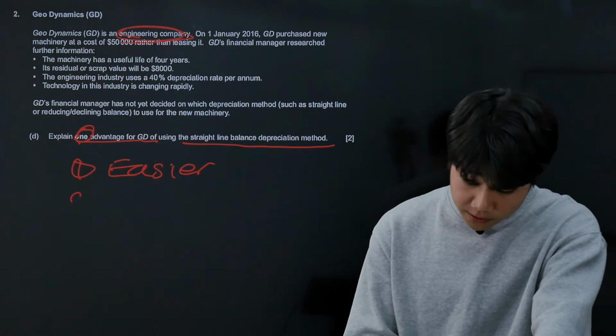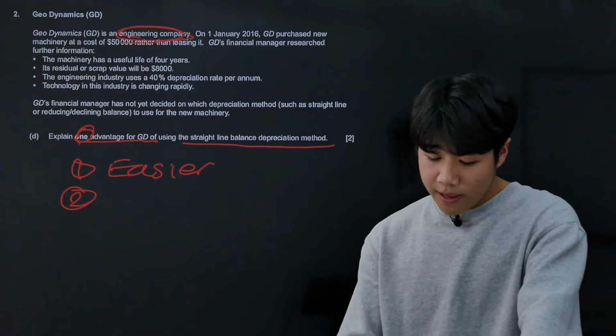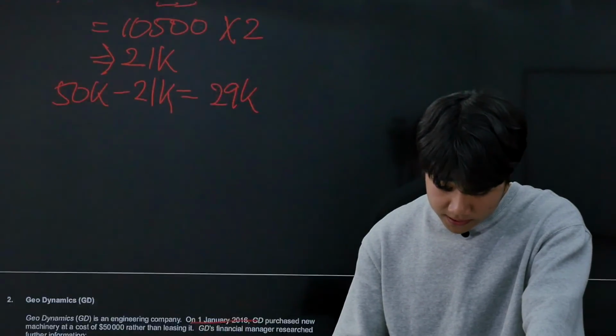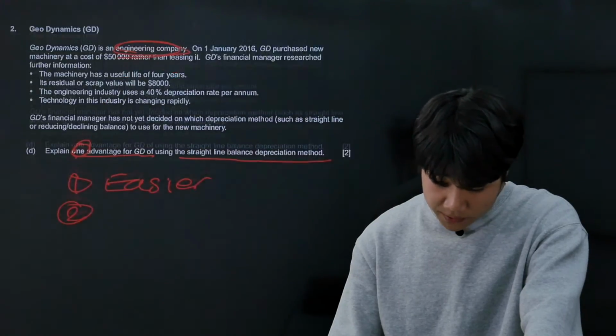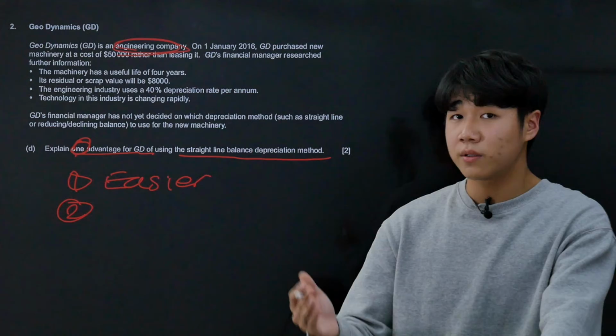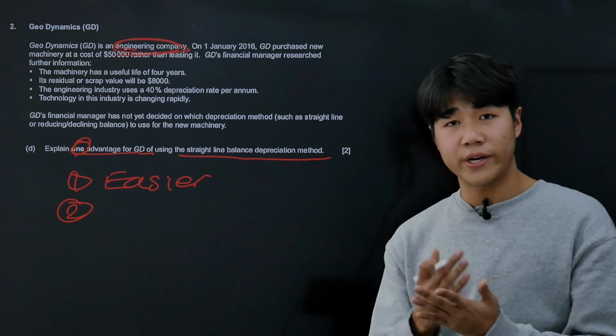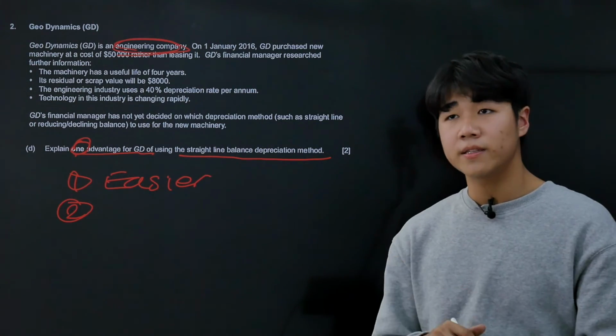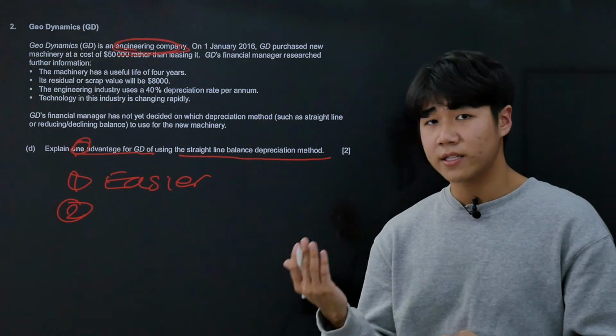However, a better answer would be such as this. As we've compared from question B and C, for example, at the end of 2016, the depreciation allowance in the straight line method was 10,500, but in the reducing balance, it was around 20K. So that's much higher.